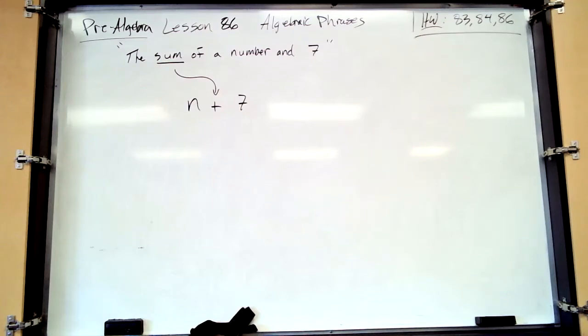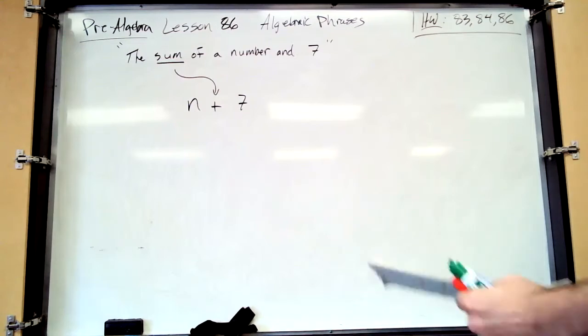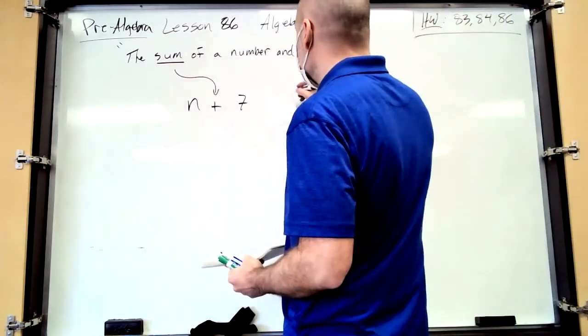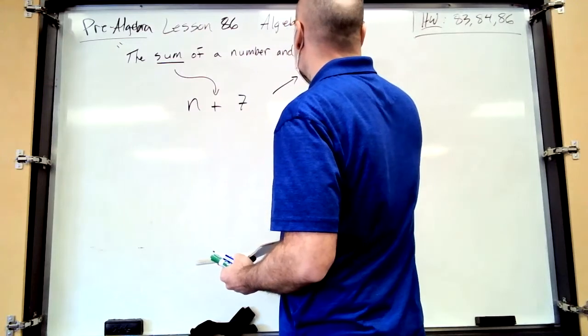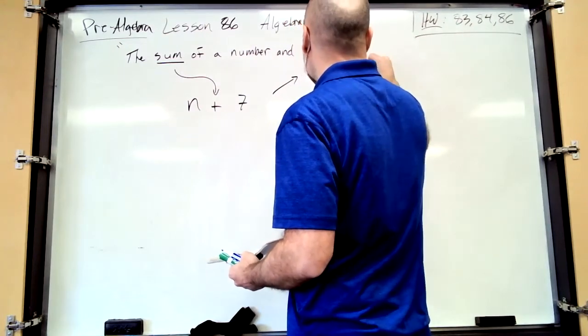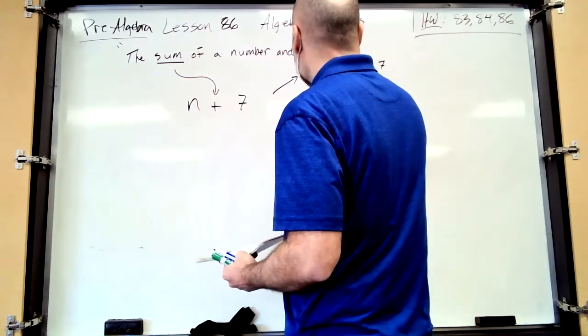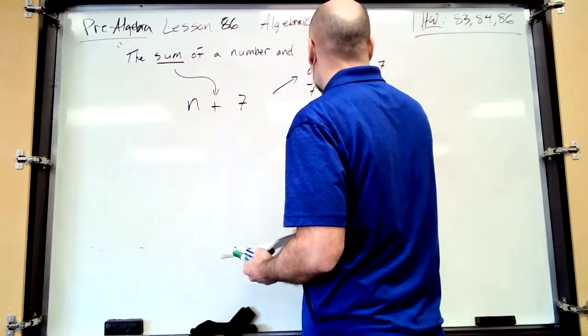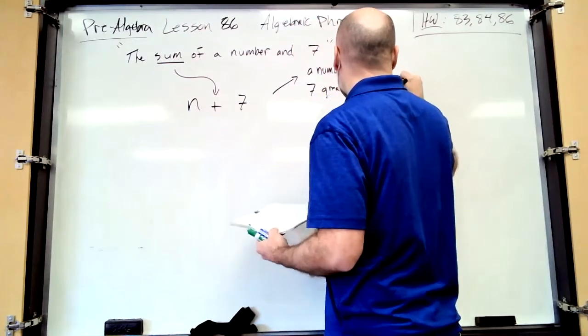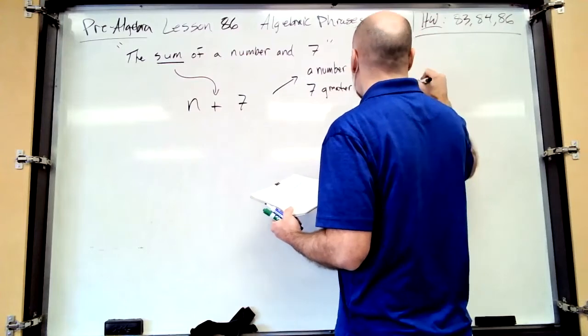Okay, what are some other ways to say n plus 7 in English? N plus 7. A number plus another number plus 7. Or you could say 7 greater than a number, right? Or 7 more than a number.